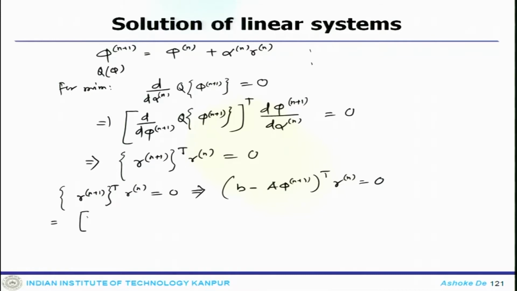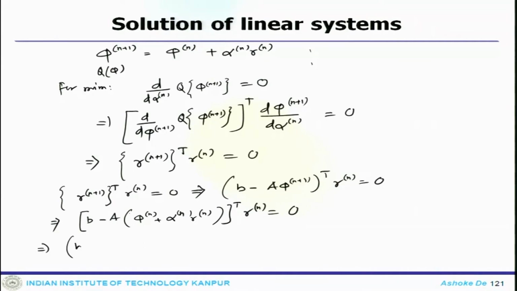That leads to b minus A times phi n plus alpha n R n, transpose R n, equals 0.